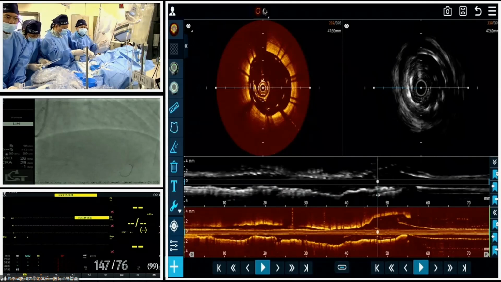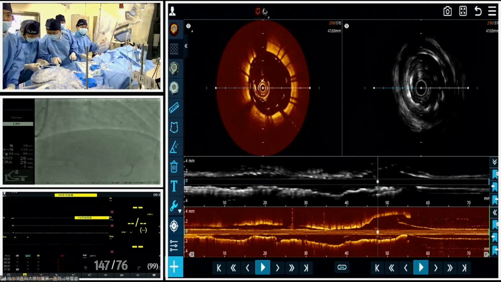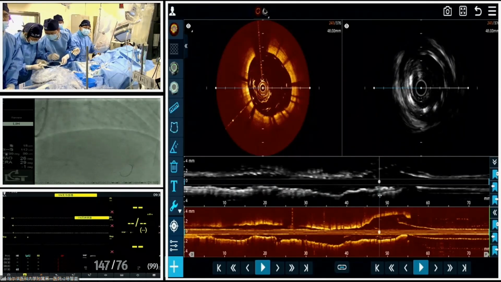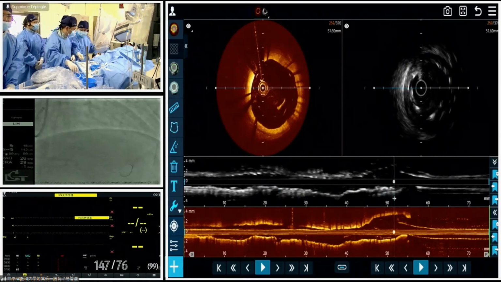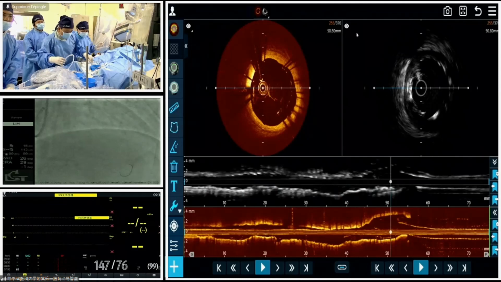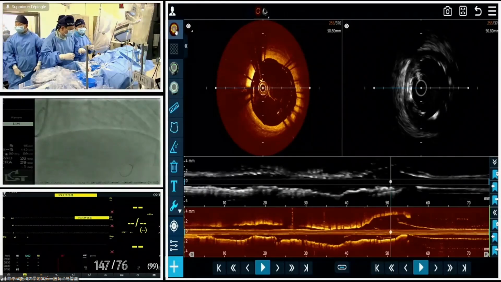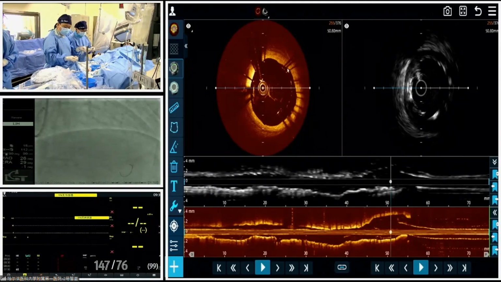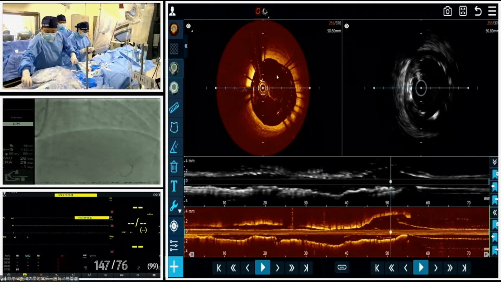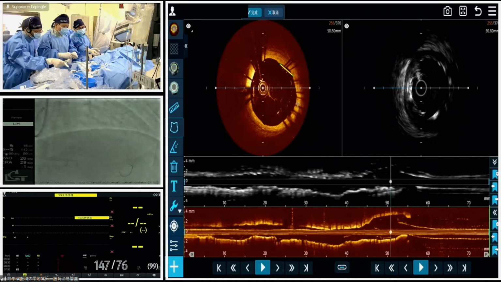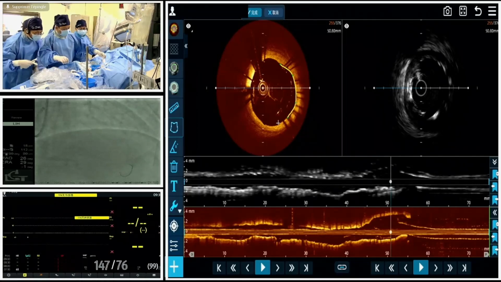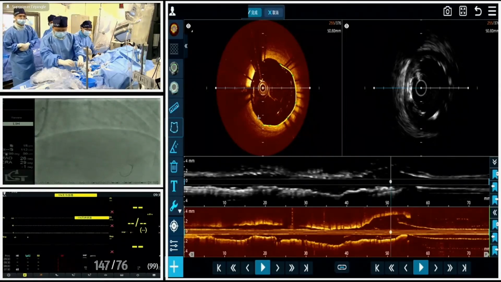And there may be some distance between the center struts and the left main vessel wall. So we need an NC balloon to post-dilate the left main stent. Yeah, there's a little bit of malposition. I think the IVUS image is more clear than OCT, right?